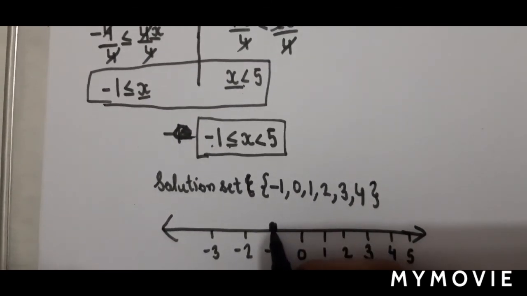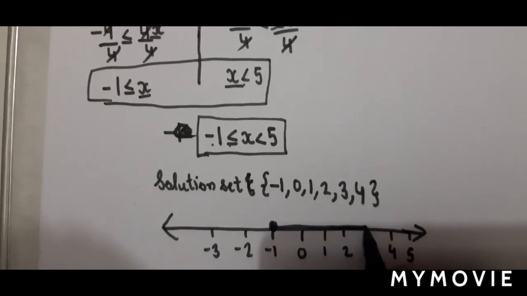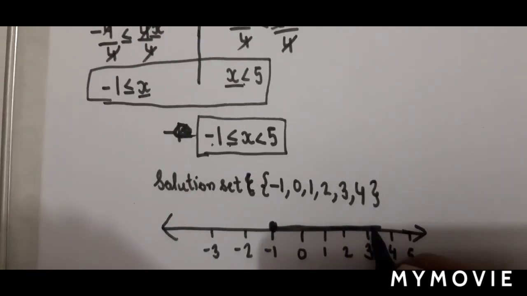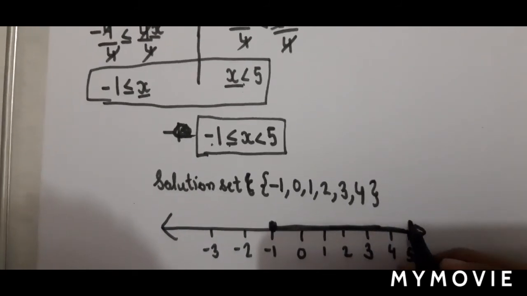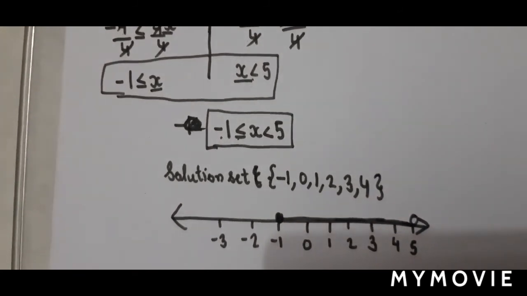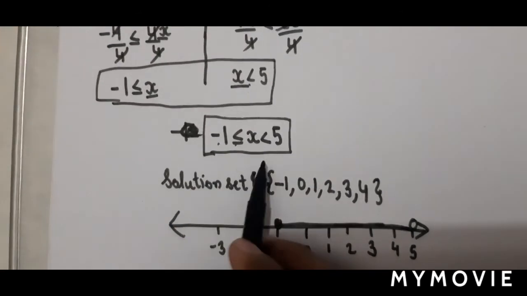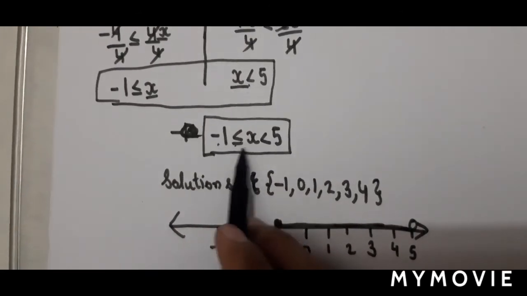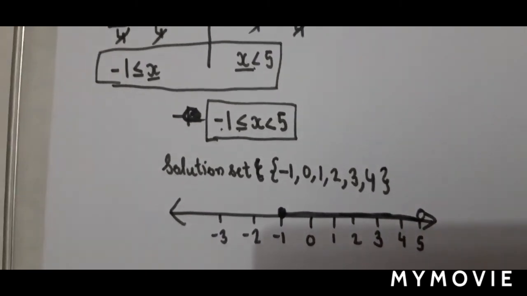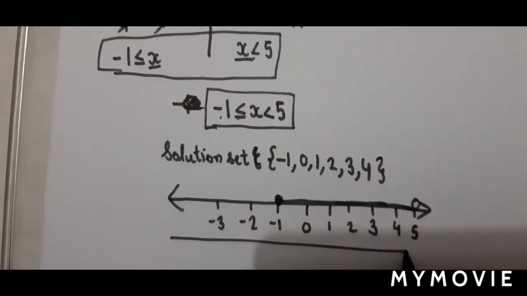So you should highlight the circle, and till 4, you are thinking till 4, but you should take it till 5, and you should make only a circle. You should not highlight it, because this represents that minus 1 is less than or equal to x, which is less than 5. So you can represent this on the number line like this.